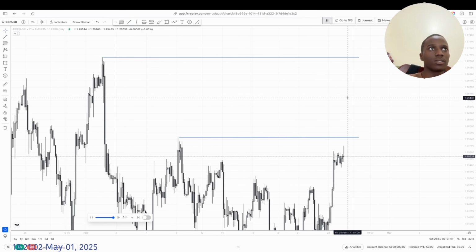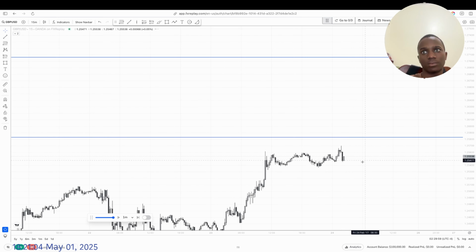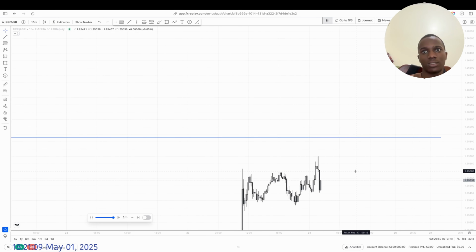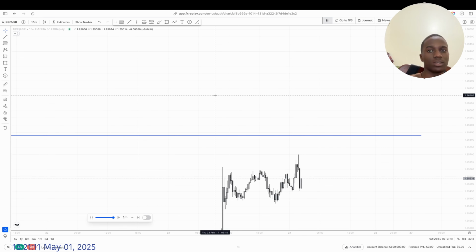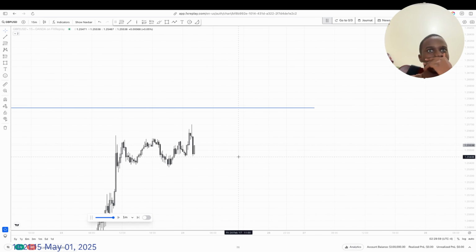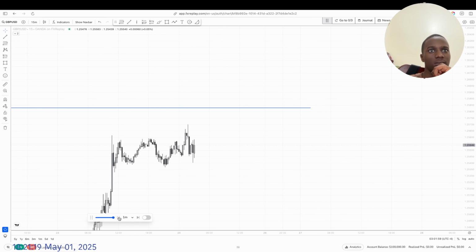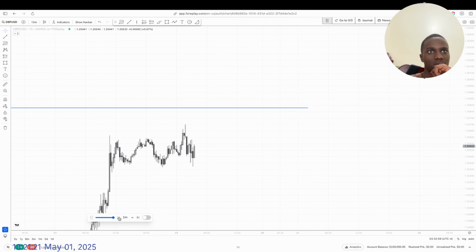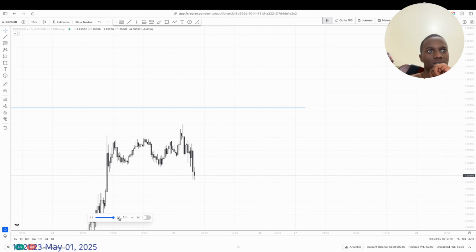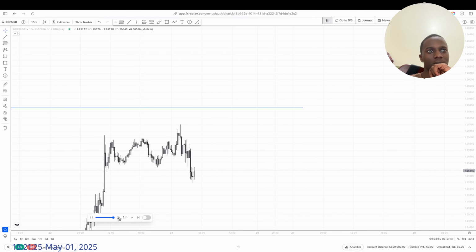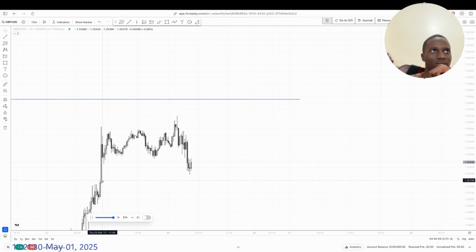Right here, and let's go to the 15 minute, of course. It's currently 2, so let's see if it gives an opportunity. Got a sweep, these equal lows taken out, reaction on a fair value gap.